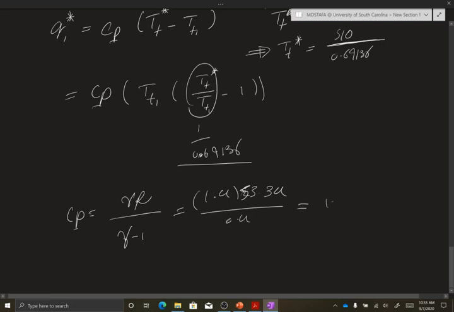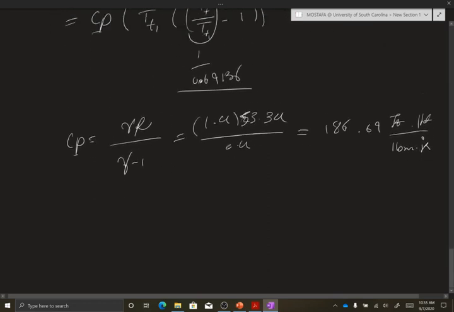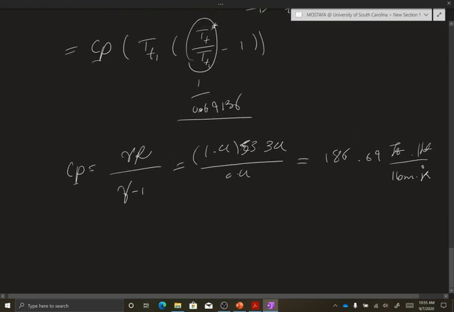This is going to give you 186.69 feet pound force per pound mass degrees Rankine.